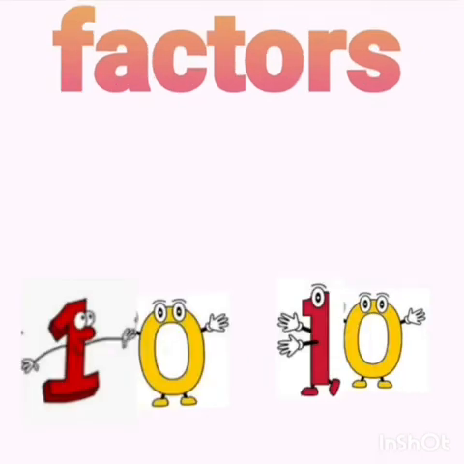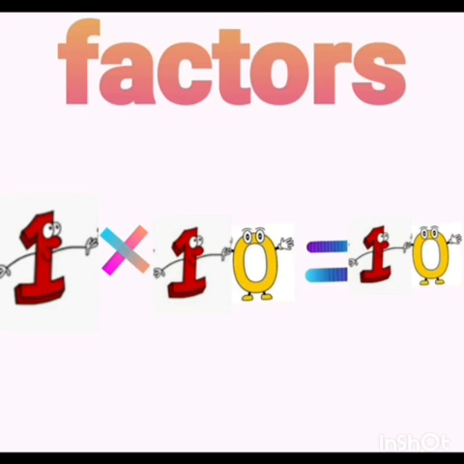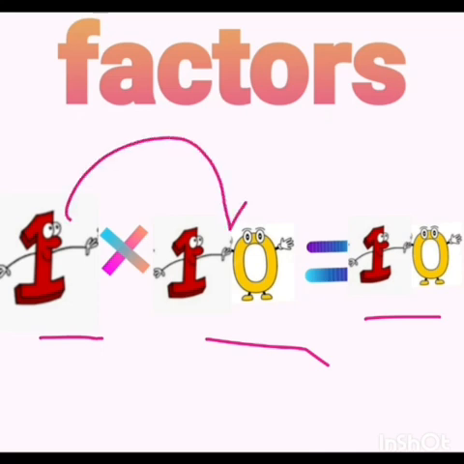Also we know that 10 is a friend of itself. So 10 is a factor of 10. So 1 into 10 is 10. 1 multiplied by 10 gives us 10. So 1 and 10 are also factors of 10. Because 1 into another number gives us 10, right?